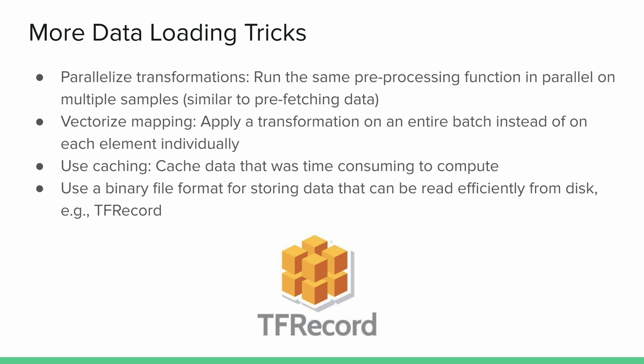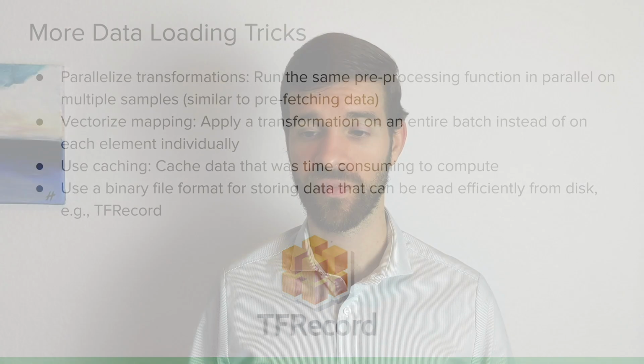There is a format called TensorFlow Records, which is a prime example of such a binary format where you can efficiently store your data and load it into memory by reading large chunks at once that can then easily be used for training.